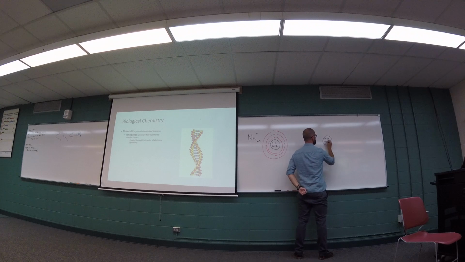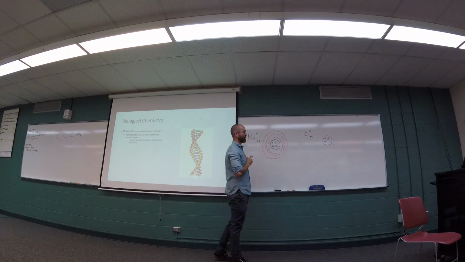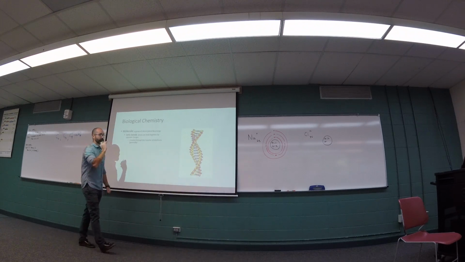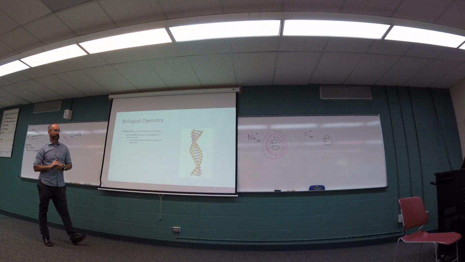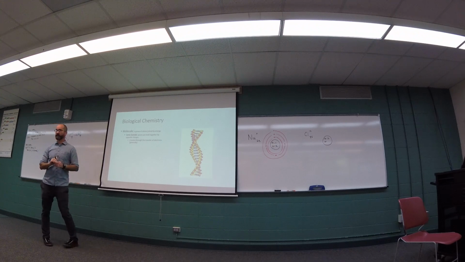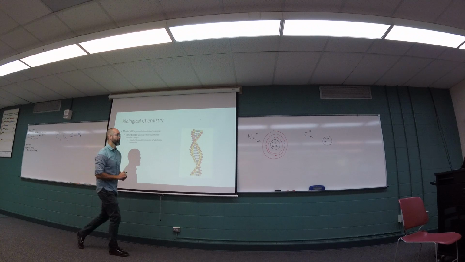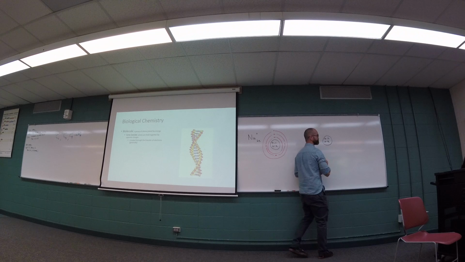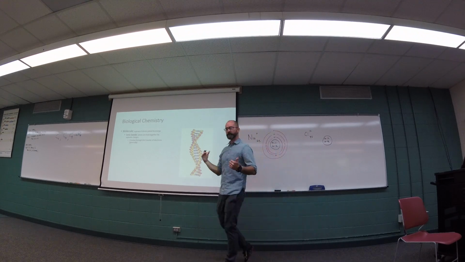And it has how many neutrons? 18. It's close to 35. Remember, that's the atomic mass, which is the protons plus the neutrons. What plus 17 gives you 35? 18. So it has 18 neutrons. Are we okay with that so far?